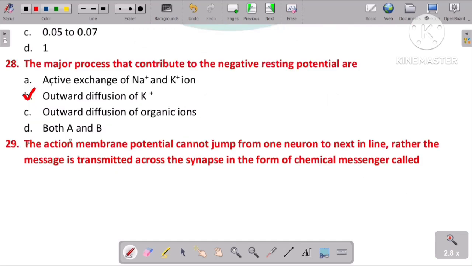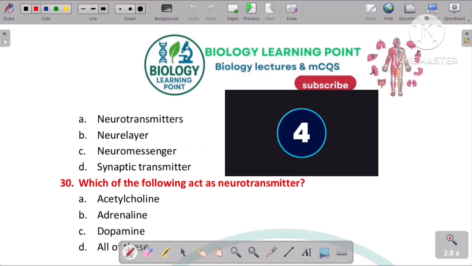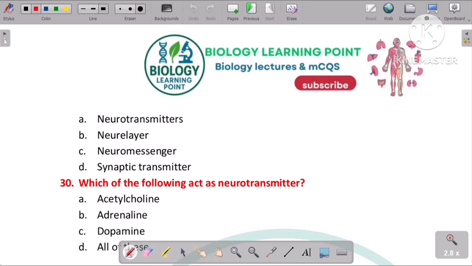So the next question is: the action membrane potential cannot jump from one neuron to the next. Rather, the message is transmitted across the synapse in the form of chemical messengers called... So the right option is option A, neurotransmitters.